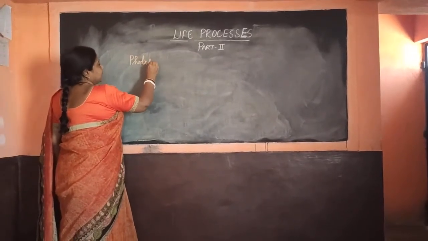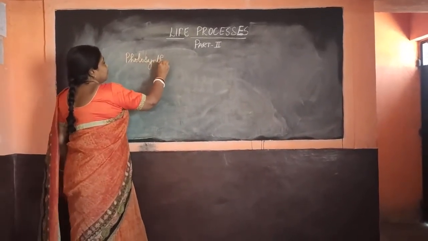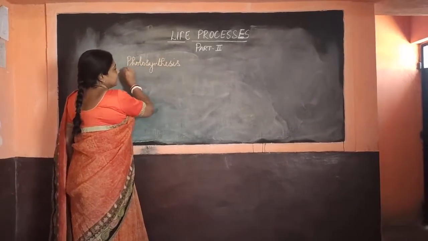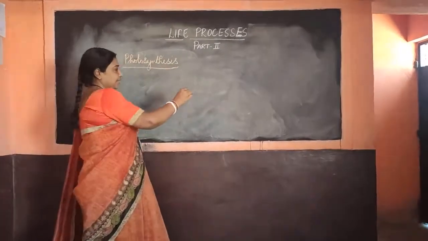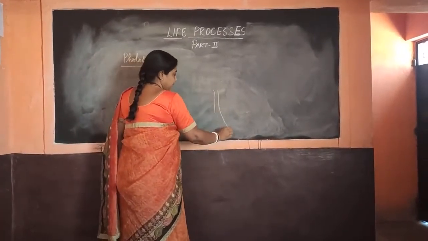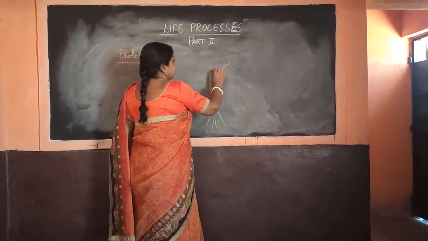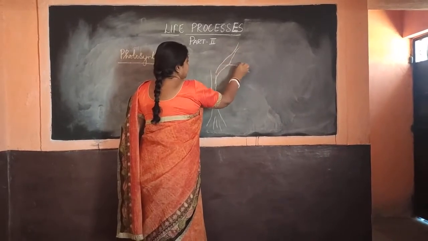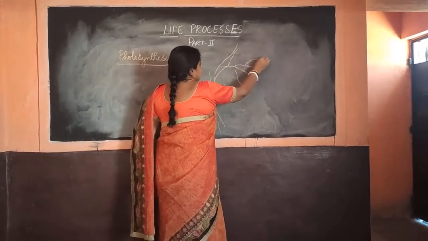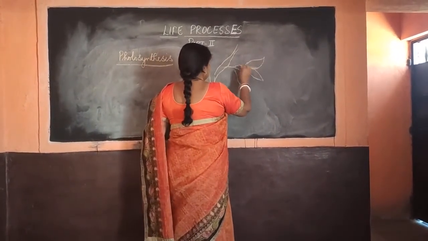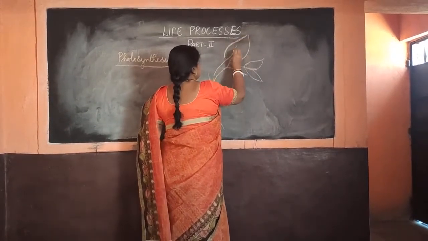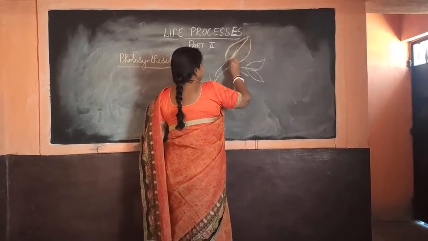Today right now we are going to see what is photosynthesis. See children, suppose this is a green plant, these are the roots, this is the stem, the branches, and you find certain twigs coming out, these are the leaves. Now suppose this is one leaf.